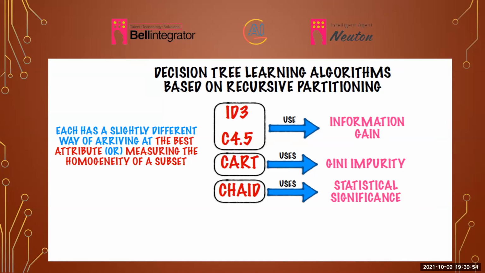And for CHAID, they use statistical significance, which is nothing but drawing a set of random observations from a population of say 1,000 or 2,000. And we do this so that when we are randomly taking out the samples, we reduce the sampling error and increase the quality of estimators. So that's how CHAID works.